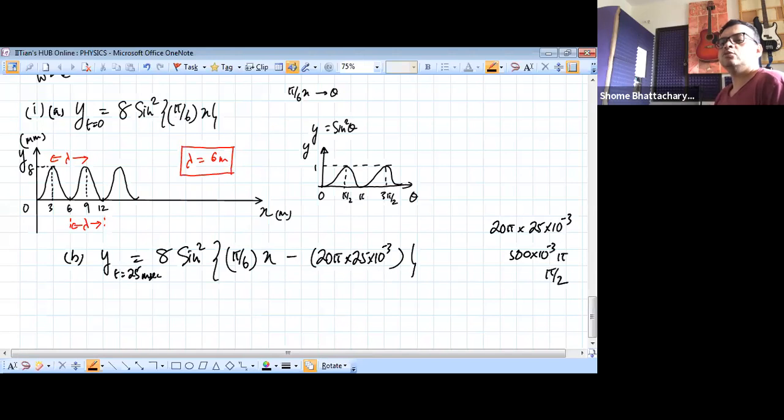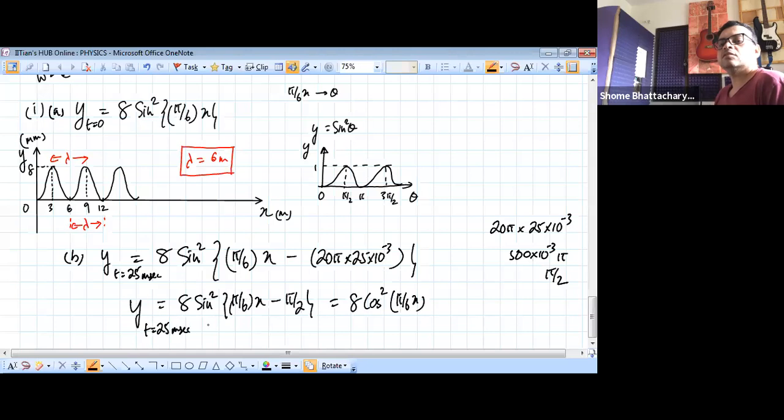So it's pi by 2. Okay, so this actually becomes 8 sine square (pi by 6 x minus pi by 2). So that is the same thing as 8 cos square (pi by 6 x). So this is how the graph of y versus x looks like at t equal to 25 milliseconds.